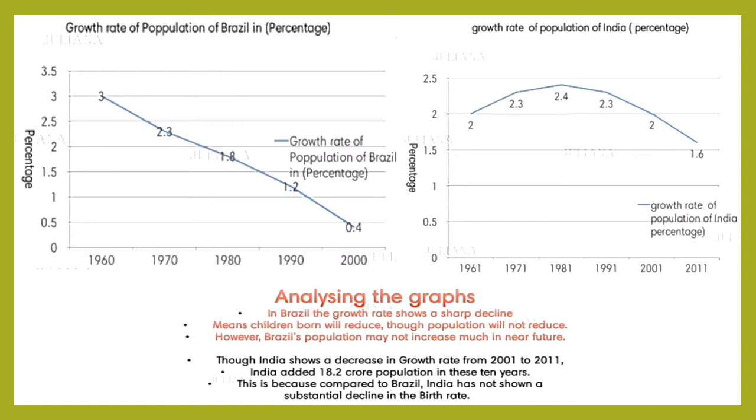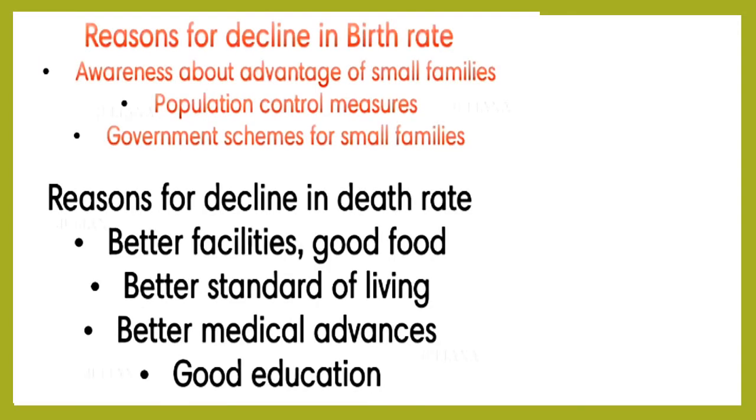Brazil has a sharp decline. So analyze it. If we analyze that in 1991, okay, we have huge population in that year. So what is the reason behind the population growth? So what is the reason?